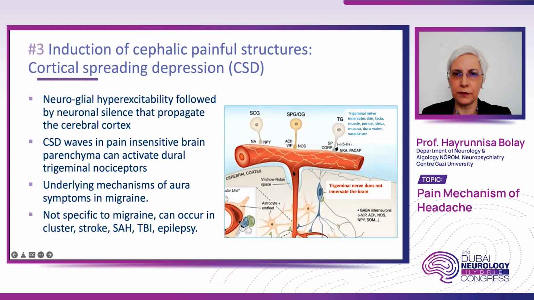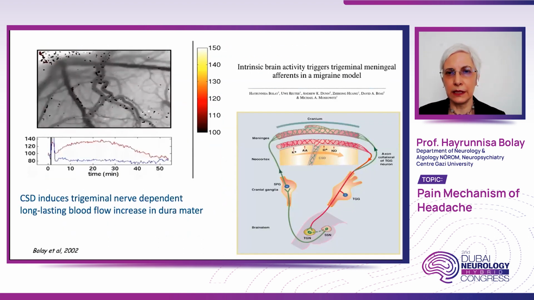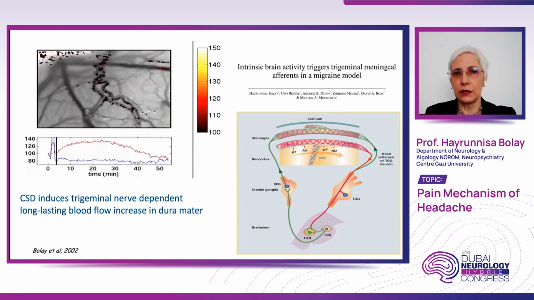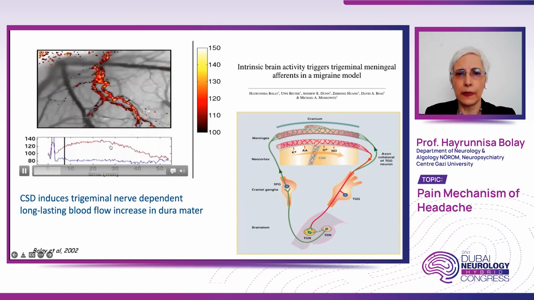But the first mechanism is from the cortex to the periphery: how these substances are released and activate meningeal trigeminal nociceptors. What we see is the cortical spreading depression in the cortex, which releases all those vasoactive and nociceptive substances. And we will see it again.